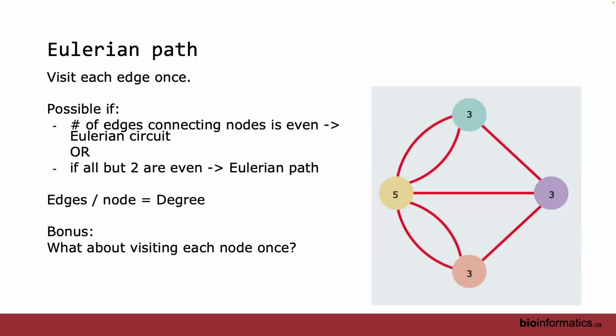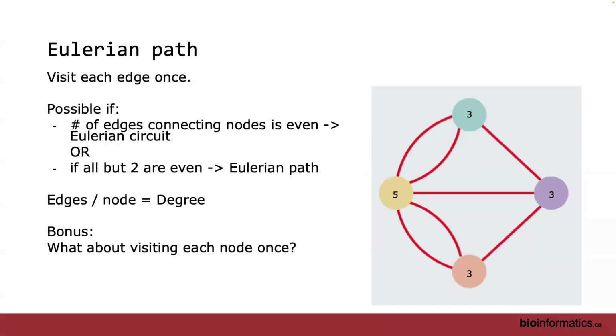Euler was able to determine that if all of the nodes in a network have an even number of connections, then there is a path from one node all the way through to the other nodes and back to that node again, once and only once.